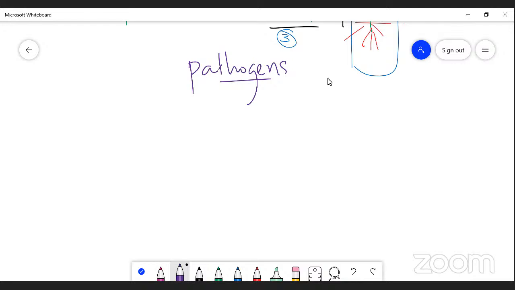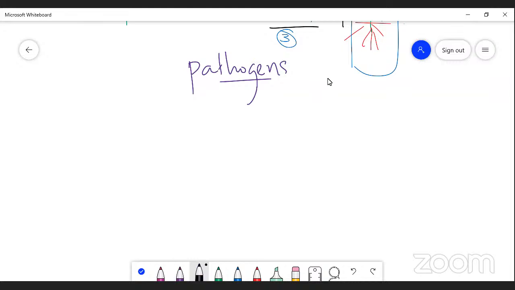I repeat once again, a pathogen is nothing but an organism having the ability to cause disease to other living organisms. That is called the pathogen.